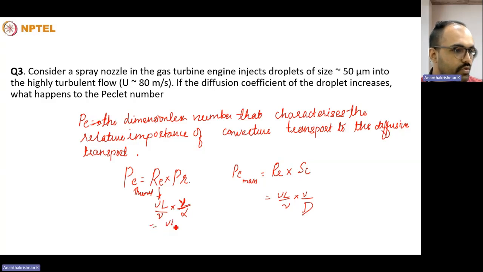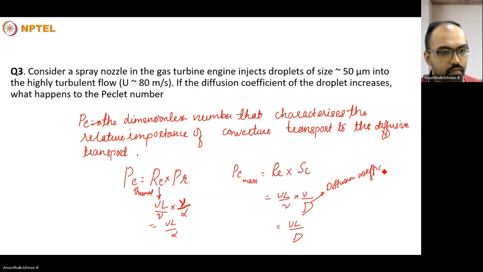So this is given as UL divided by alpha, and this is given as UL divided by D, where D is the diffusion coefficient.